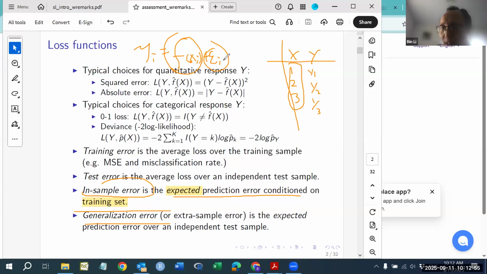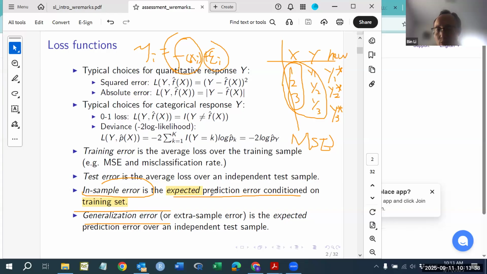Now we have a different set of Y 1, 2, 3. I put a star on them, Y1 star, Y2 star, and Y3 star. That's a new data set, but X is fixed at 1, 2, 3. Then I evaluate its MSE, not on the training set. This time I use the training set to fit the model, and after that I evaluate the model performance using the new Yi stars.